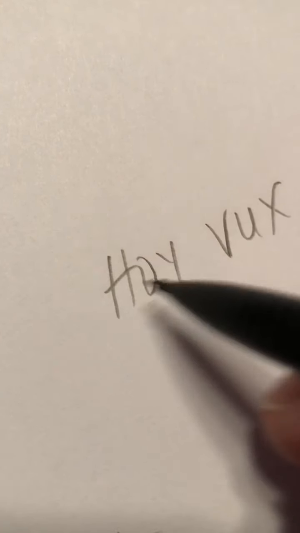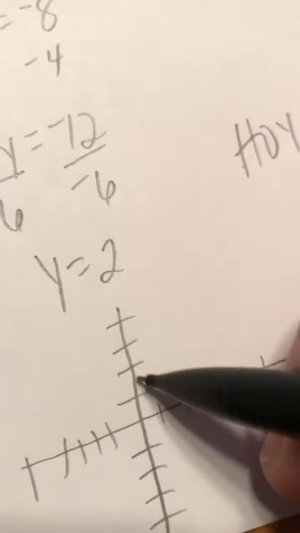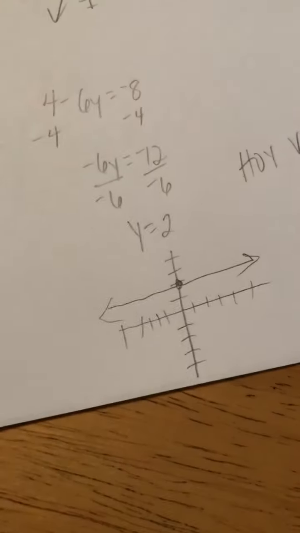If you remember, if there's only an x or only a y, we don't need to name m and b. And again, if we follow the acronym that I gave you, if it's only a y, then it's a horizontal line, so I go to where y equals 2 and draw that horizontal line. Okay?